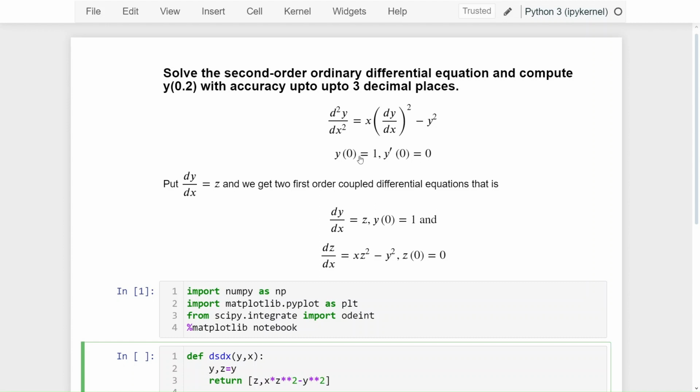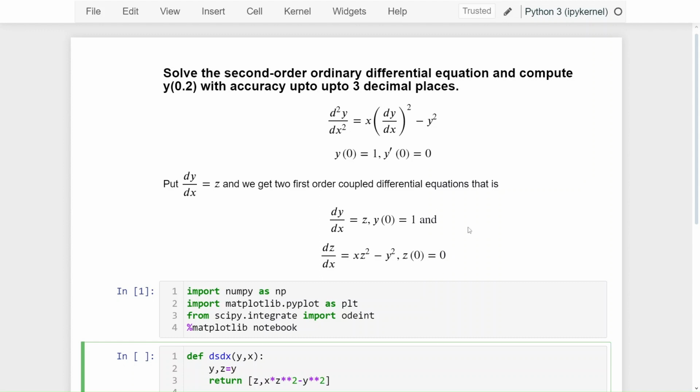So y0 is equal to 1. This becomes the initial condition of this equation. And for the second one, we substituted this into our main differential equation, which we have to solve, the second order one, we get this, and z, which is dy by dx, its initial condition becomes 0. So here it is.